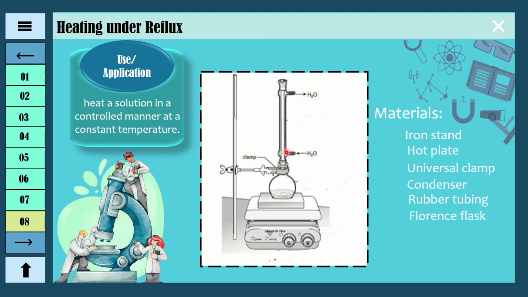If the reflux ring reaches halfway up the condenser or higher, the heat should be lowered to prevent vapors from escaping the flask. And then, afterwards, turn off the heat source and remove the flask from the heat by either lifting the reflux apparatus up or dropping the heat source down after the reflux is complete.